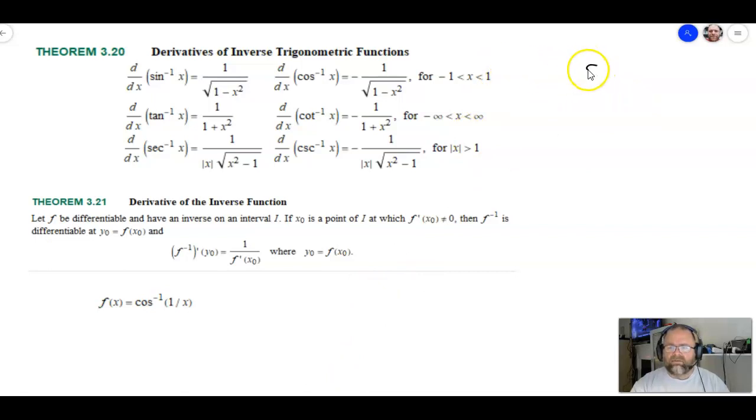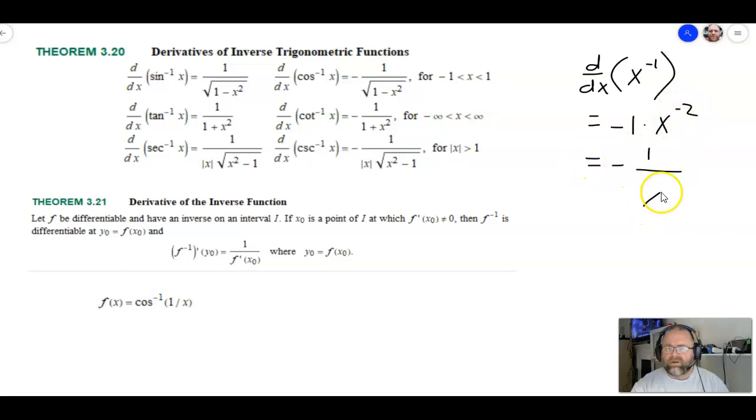So the derivative with respect to x of 1 over x, that's the same thing as x to the -1. Well, that's just going to be equal to -1 times x to the -2, which is just equal to -1 over x squared. So that's going to be the derivative of 1 over x: -1 over x squared.